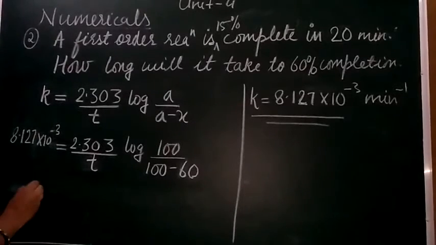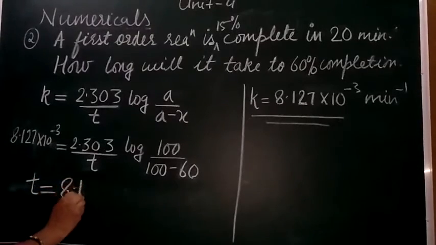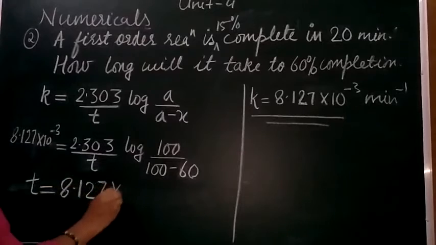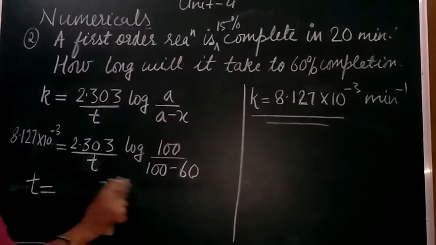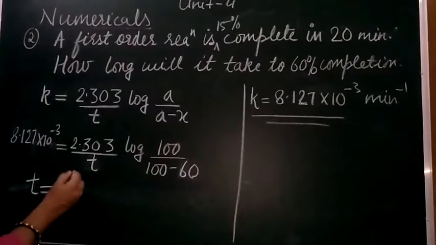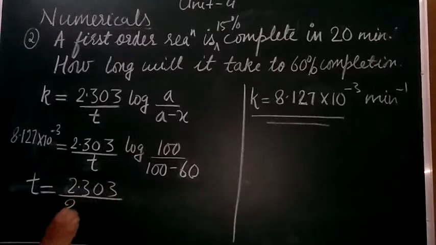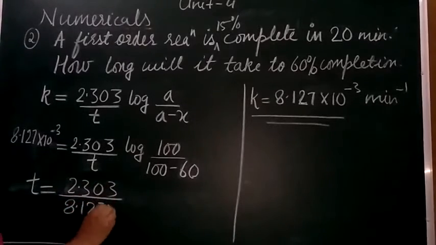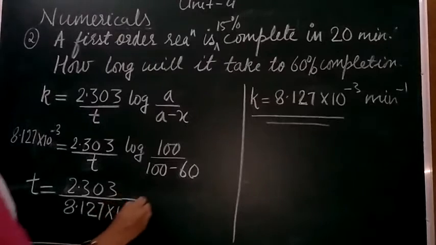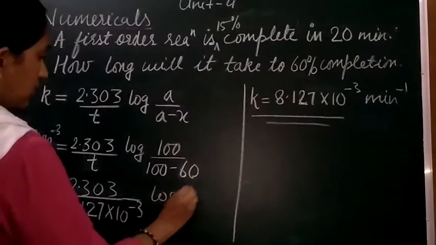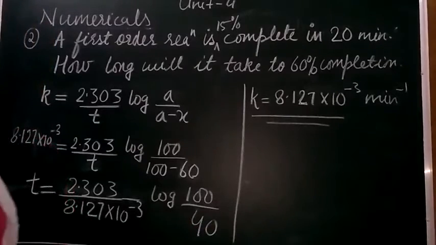So we will get t equals, sorry, I'm writing the denominator, so it will be 2.303 upon 8.127 into 10 raised to power minus 3, log 100 upon 40.